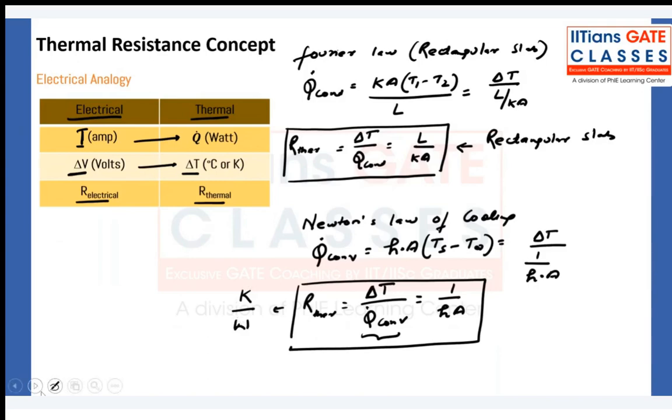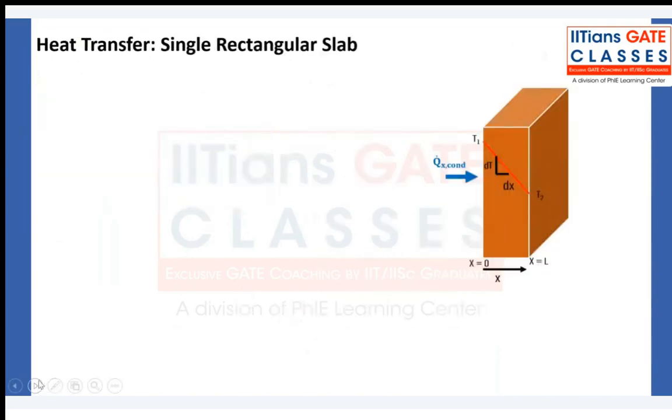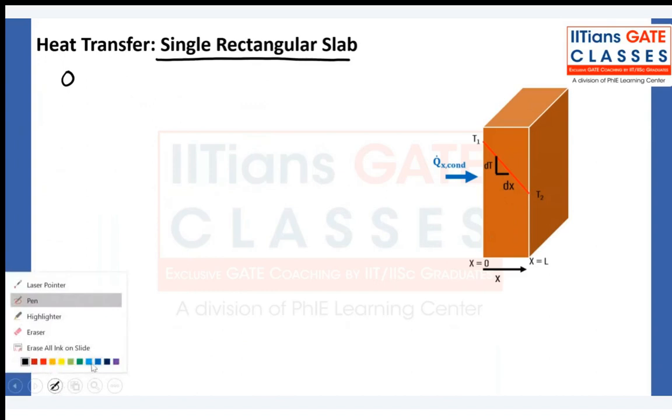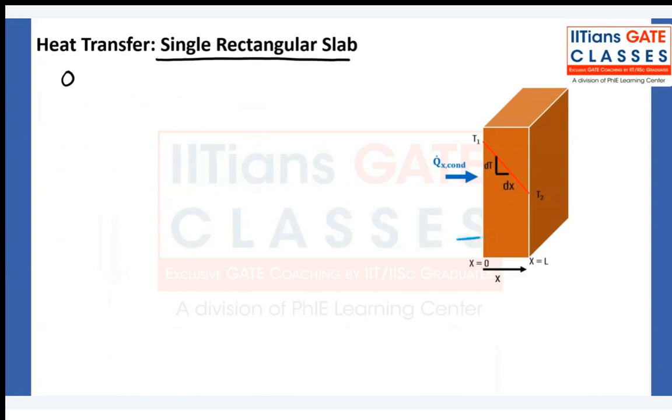Very nice. Now let us take one more look over this. I am talking about a single rectangular slab. Here we have a temperature T1, and inside the body there will be a resistance to the heat transfer that will depend on the thickness L, the conductivity of the body and the area of heat transfer. And this side it's T2. So this is your R conduction.